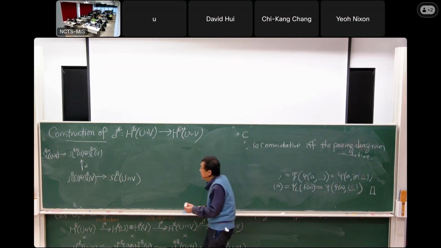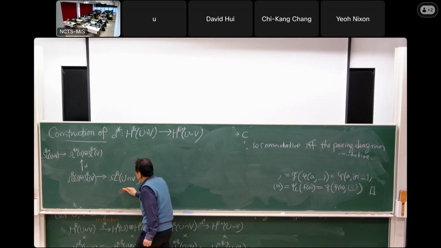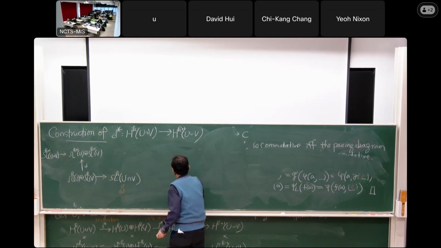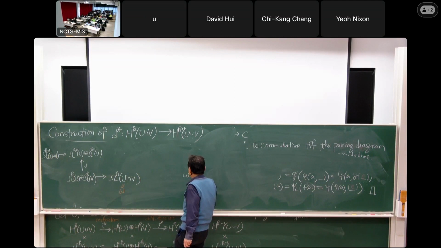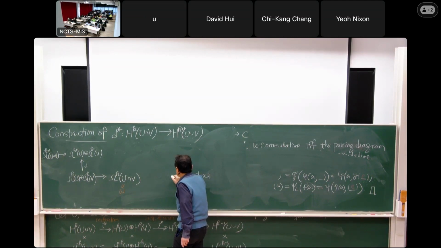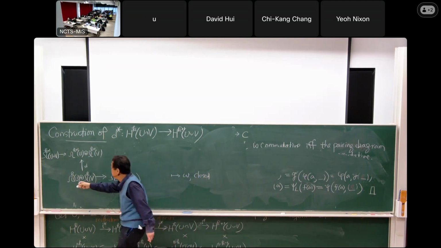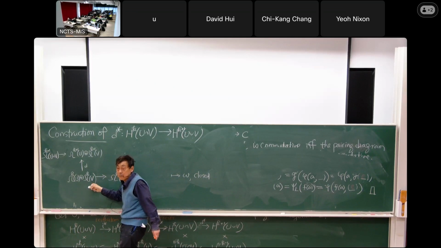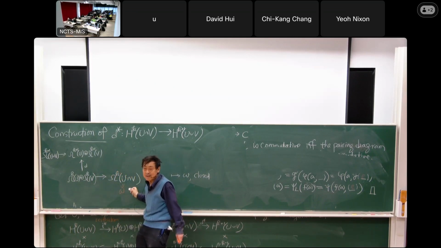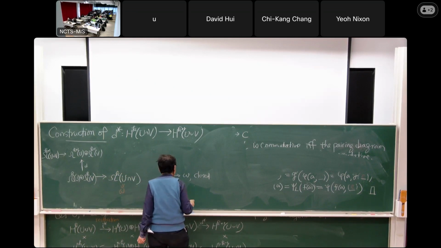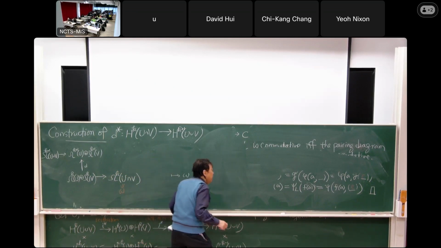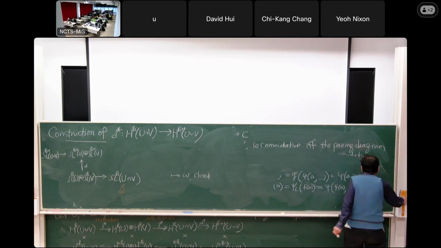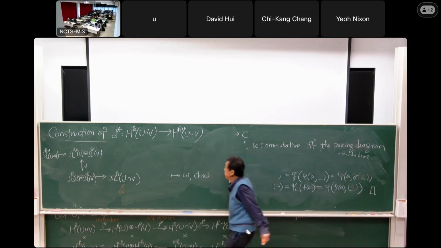So you start with something here. Okay, so you have omega, but it's closed. And it comes from a form on U and a form on V whose difference is omega. Okay? And do you remember the two forms that map to omega?